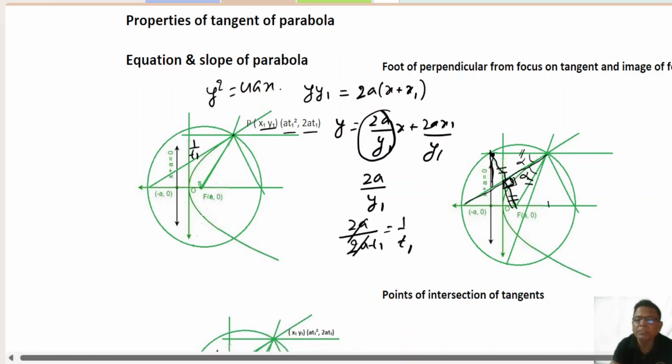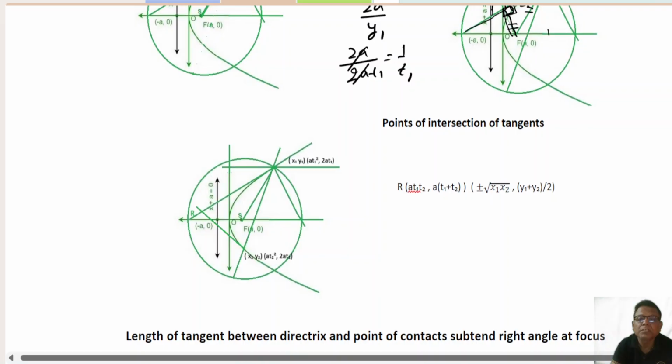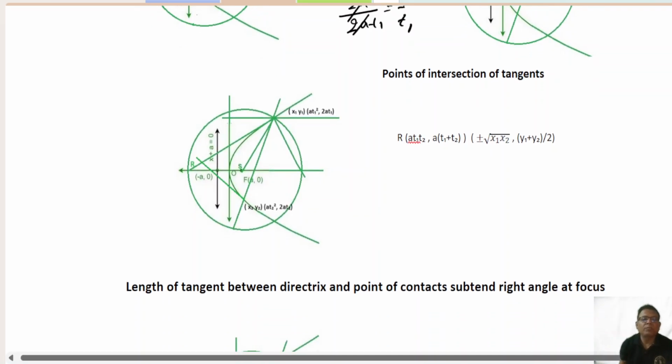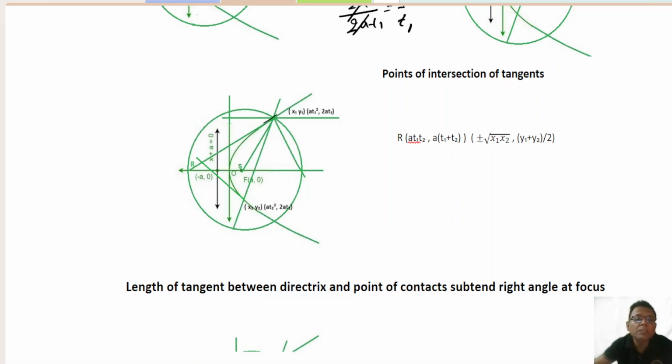So now come to the next, that is the point of intersection of the tangents. Suppose one tangent is here and this is a chord. It may not be a focal chord.